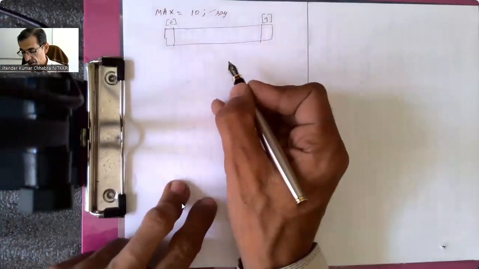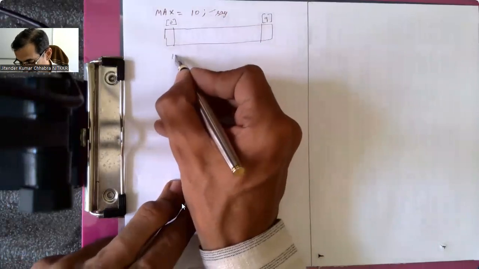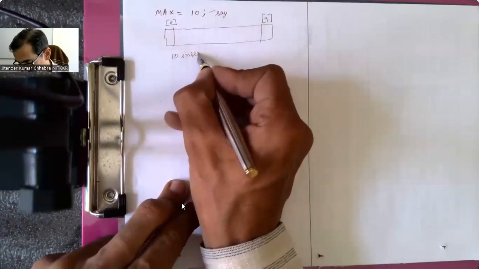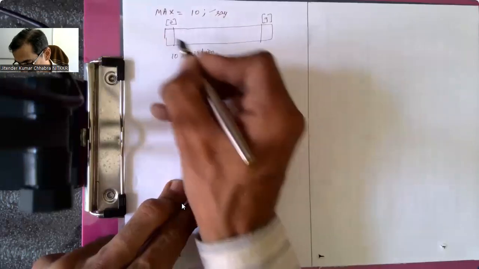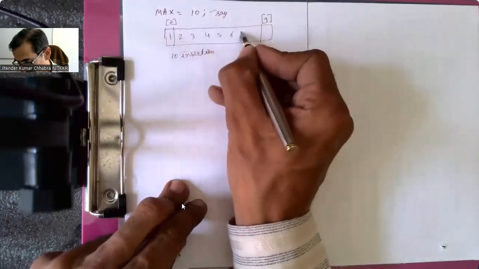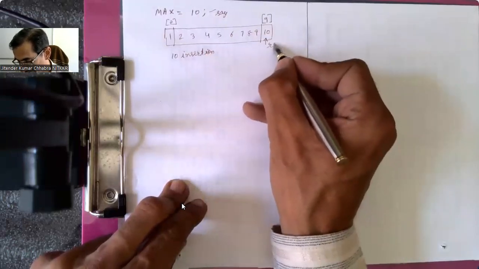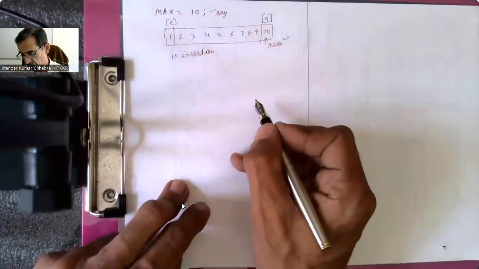Now, let's say I did 10 insertions and inserted values 1, 2, 3, 4, 5, 6, 7, 8, 9, and 10. So my rear has reached here. Perfect, no issues.